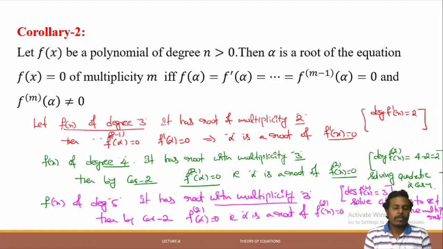What we have to do is find f dash, f double dash, and so on up to the (m minus 1)th derivative of the function f of x. Now you have to solve the least degree polynomial equation, that is the (m minus 1)th derivative of f.